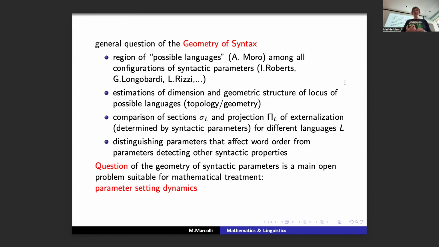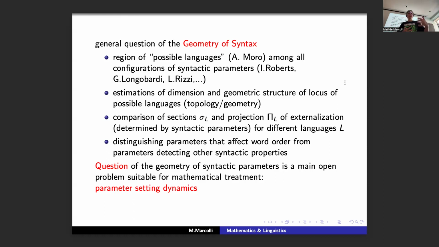There's another part of this question which is very important, which is what is the dynamics that takes care of setting these parameters when we learn a language. The idea behind this model is that there is a universal internal calculator of syntax, which is common to everybody and is prior to the actual learning of one particular language.